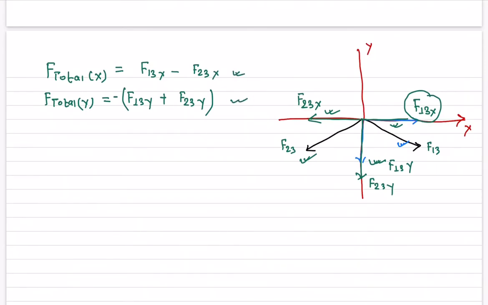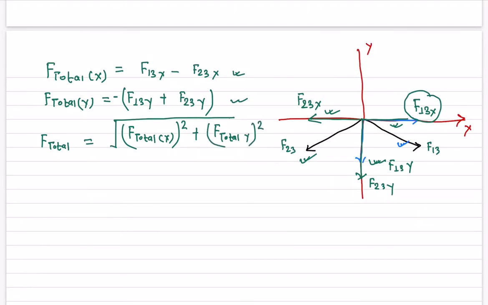Once you know the components, you can find the magnitude of the total force: F total x component squared plus F total y component squared, and then take the square root. This gives you the magnitude of the total force.